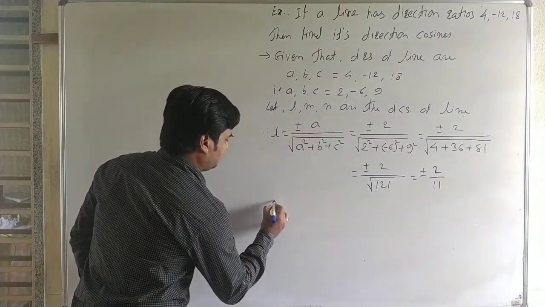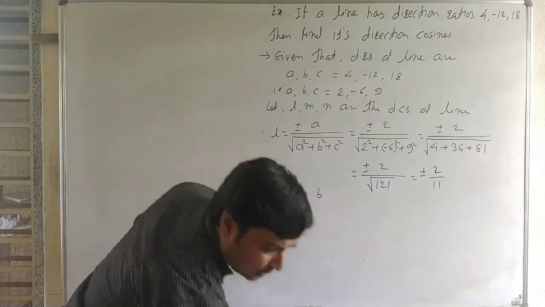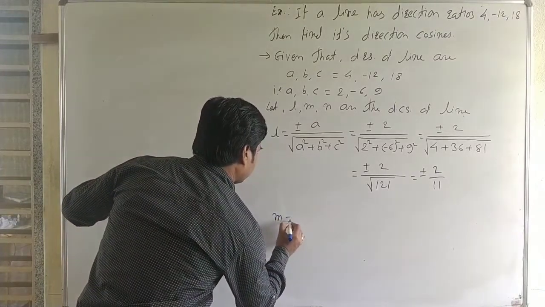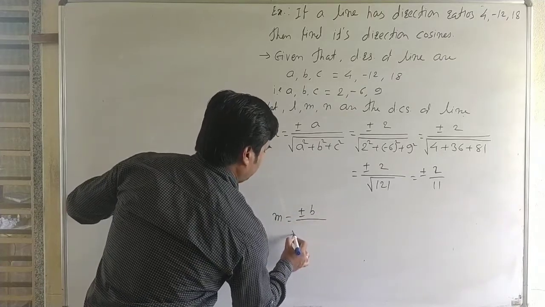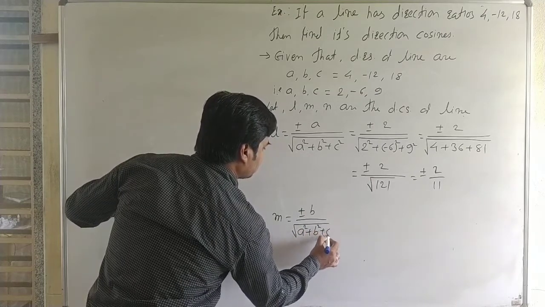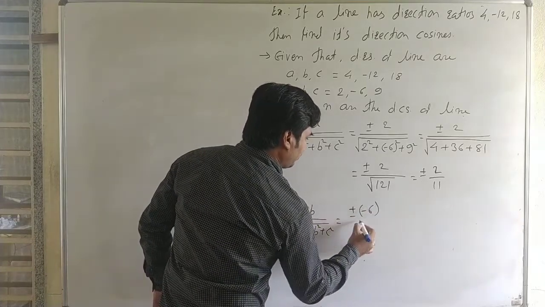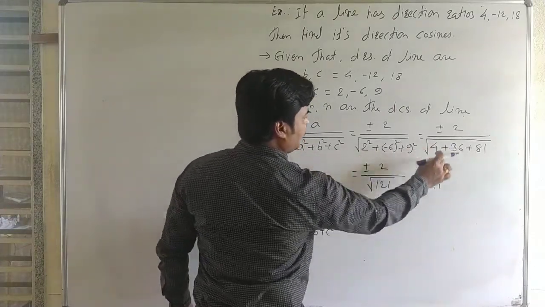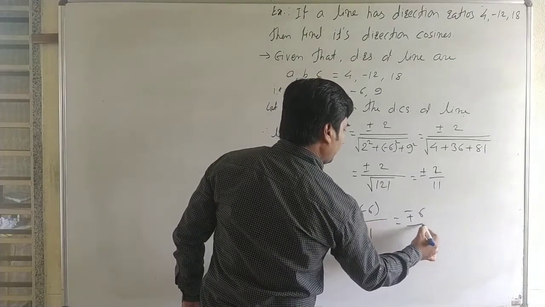Then M is equal to plus or minus B upon under root A square plus B square plus C square, which is plus or minus minus 6 upon 11, that is minus plus 6 upon 11.